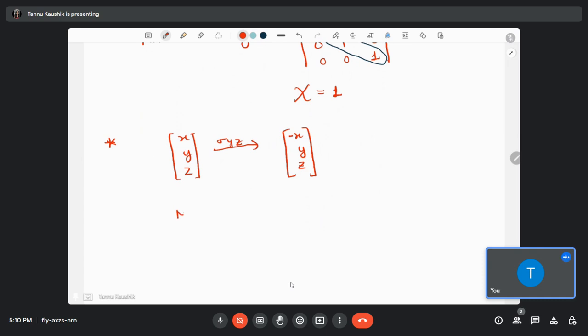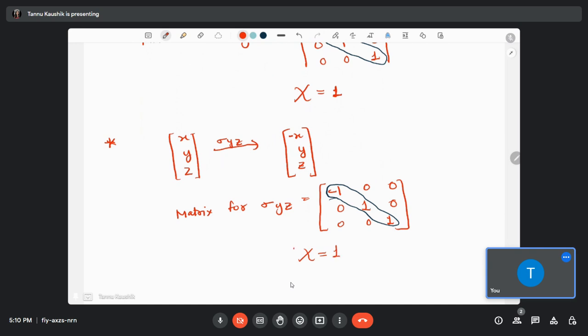So we will get minus x, and the matrix for sigma yz will become minus 1 0 0 0 1 0 0 0 1, and the character of this matrix will be 1.